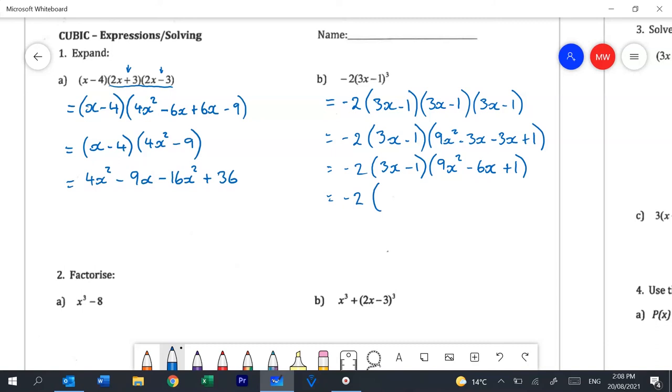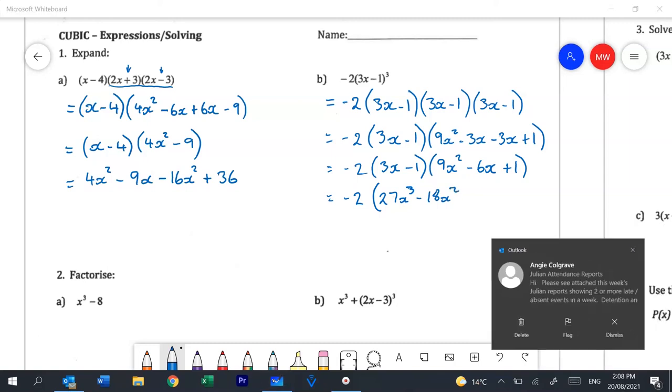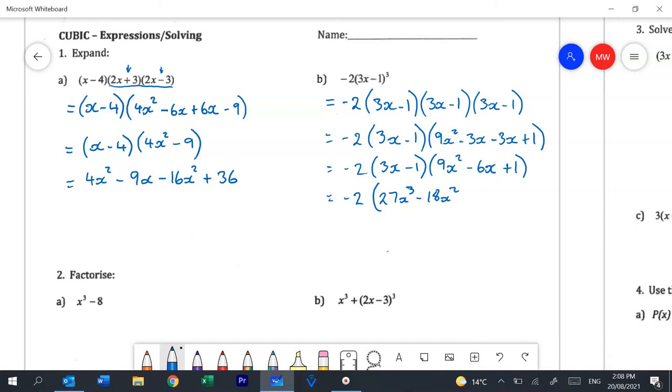So we've got 3x times 9x squared gives me 27x cubed. We've got 3x times minus 6x gives me minus 18x squared. And then we've got 3x times 1 gives me 3x. Then we've got minus 1 times 9x squared gives me minus 9x squared. And then we've got minus 1 times minus 6x makes positive 6x. Then we've got minus 1 times 1 makes minus 1.